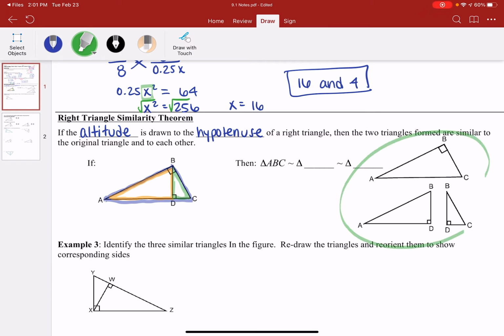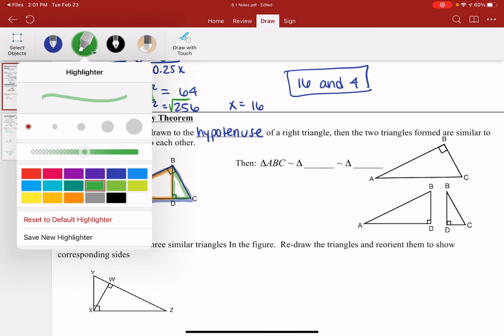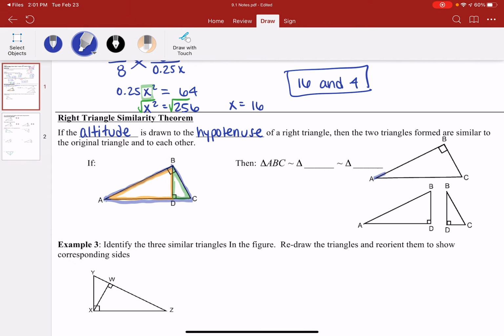So what I have over here is it kind of drawn separated for us. So we have our original triangle ABC. And that's going to be similar to the two other triangles, so we just need to figure out the appropriate way to name this. So in the original, I went A to B to C. So that's starting at my smallest angle, down my longest side, to my shortest side.